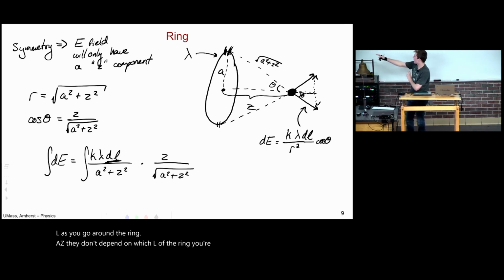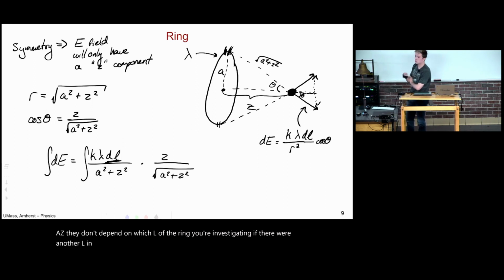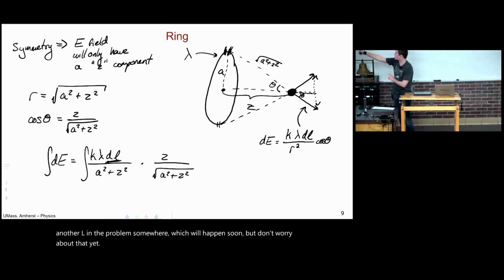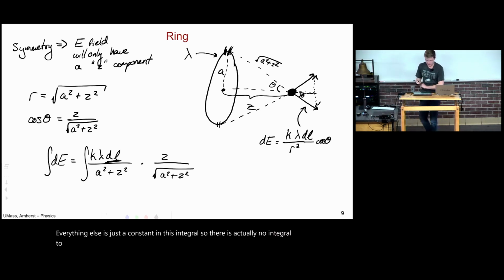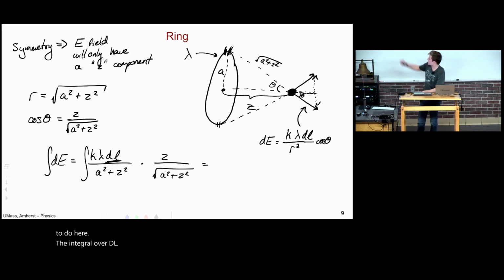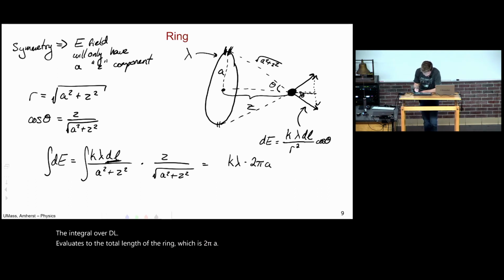If there were another L in the problem somewhere, which will happen soon, but don't worry about that yet, everything else is just a constant in this integral. So there's actually no integral to do here. The integral over dl evaluates to the total length of the ring, which is 2 pi a. And then nothing else changes.